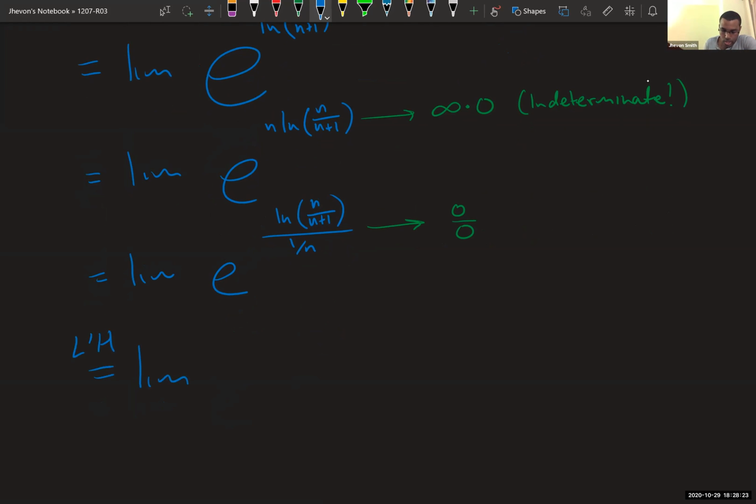And so you can actually take the derivative of the top, derivative of the bottom. So that's going to be 1 over n minus 1 over n plus 1, all over minus 1 over n squared.